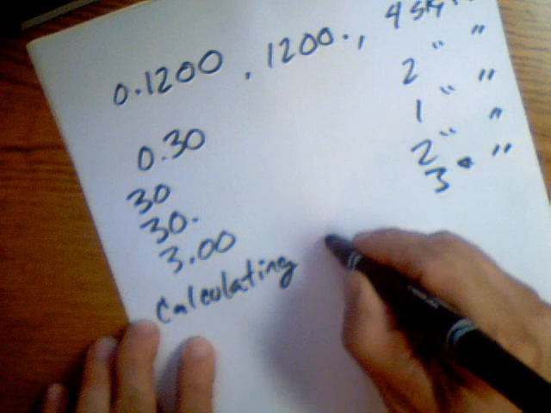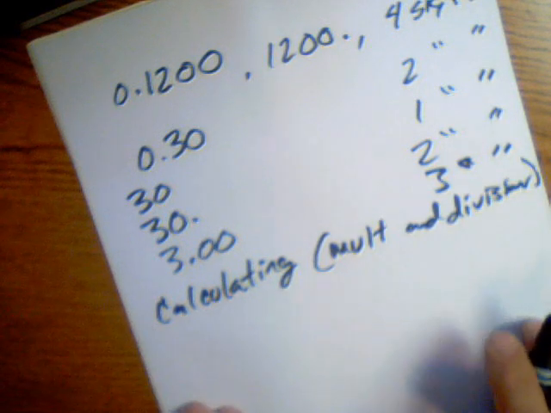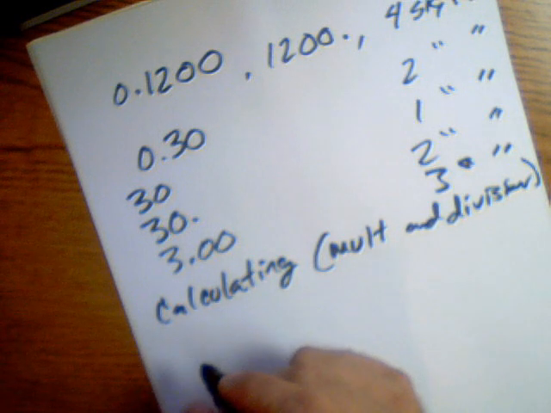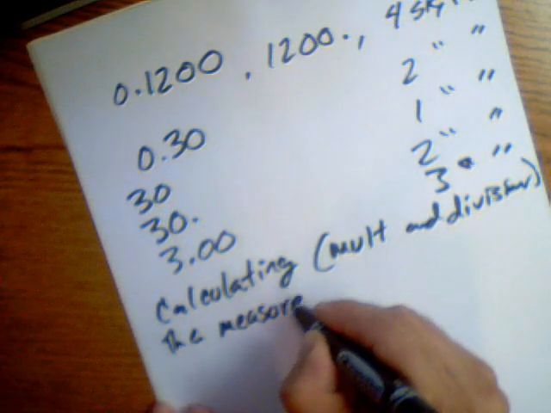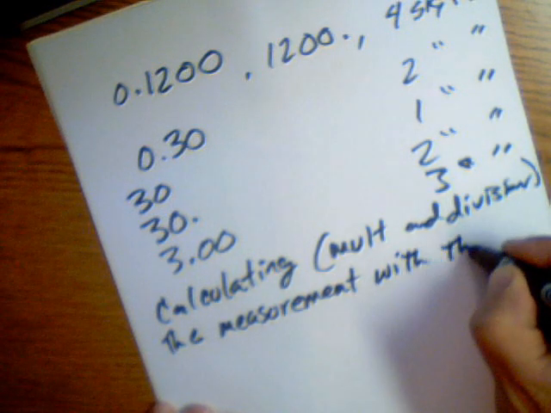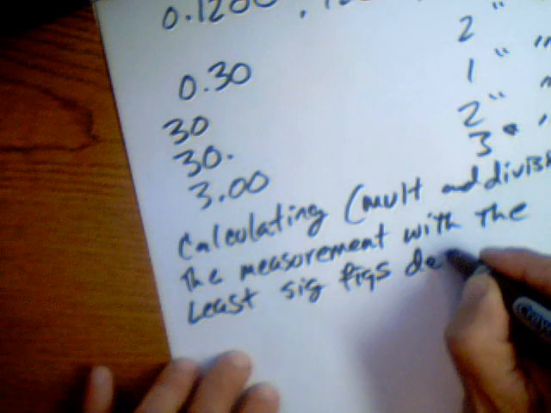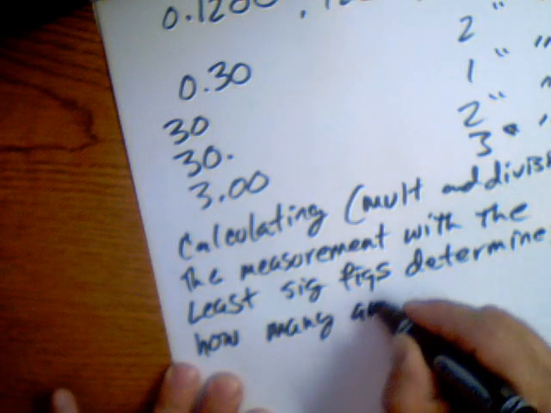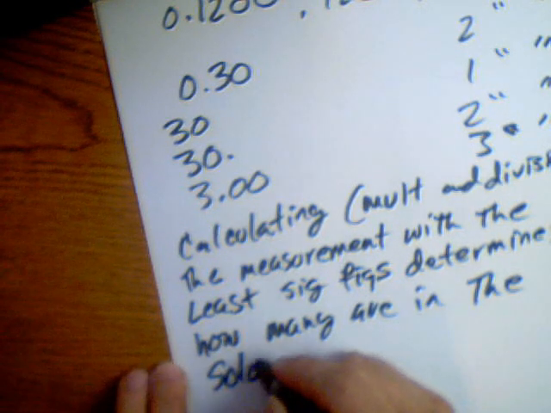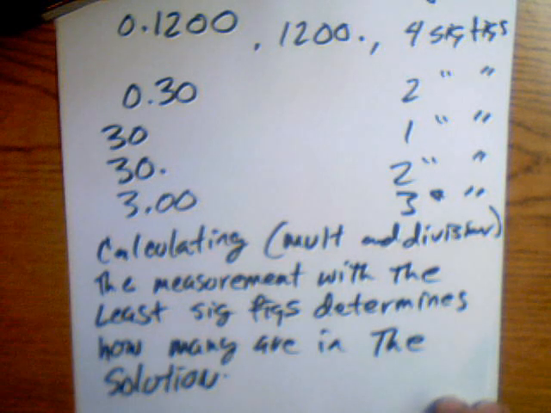Now in calculating, first I mean multiplication and division, the measurement with the least sig figs determines how many are in the solution.